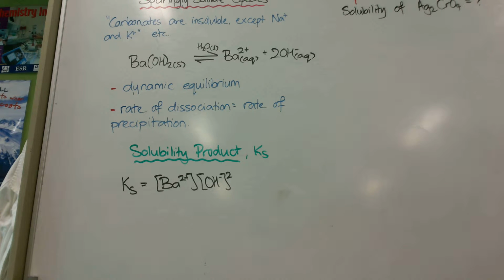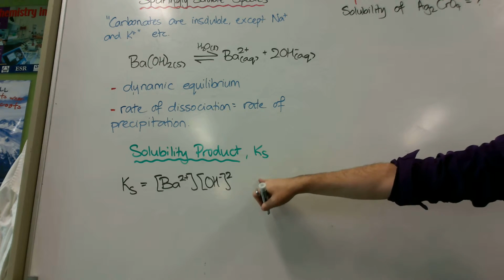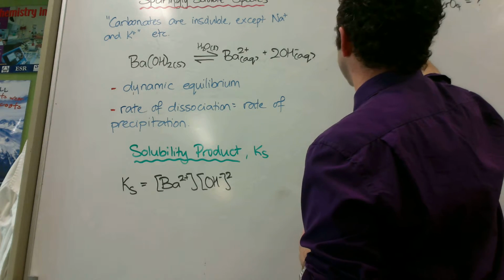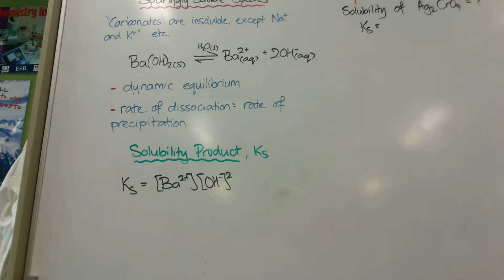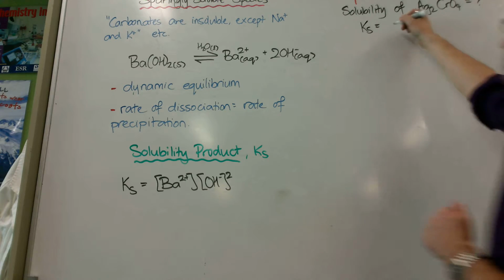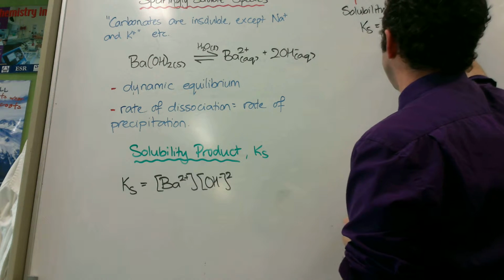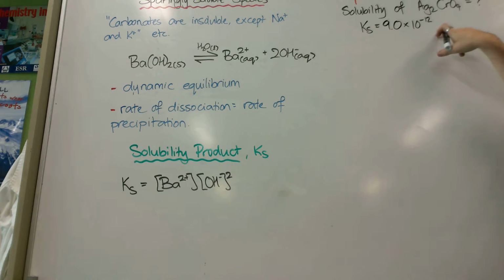And we're given the Ksp, or solubility product, for it. So we're told in the question that the Ksp of this equals 9.0 times 10 to the negative 12. Notice there's no unit. There are units for this, by the way. We just don't need to remember them. Okay?